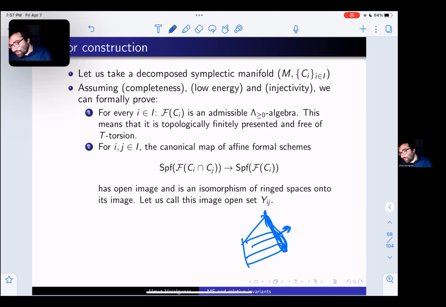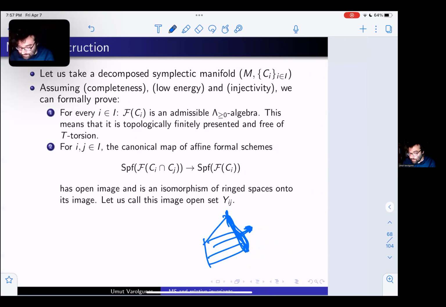So this restriction map is actually a localization map, some kind of completed localization map, inverting this lift of the canonically defined element modulo t to the h bar. Okay, so that's how you show that gluing is possible.